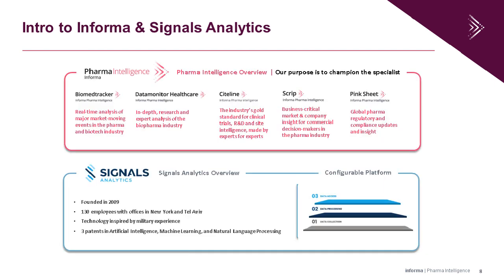Just a little bit about the two companies. Informa Pharma Intelligence delivers content and research and analysis through several different brands, such as Biomedtracker, Datamonitor Healthcare, Sitetrove, Scrip, and Pink Sheet.